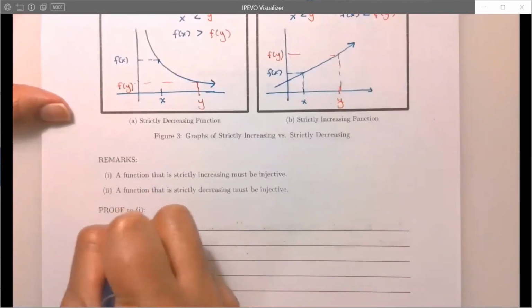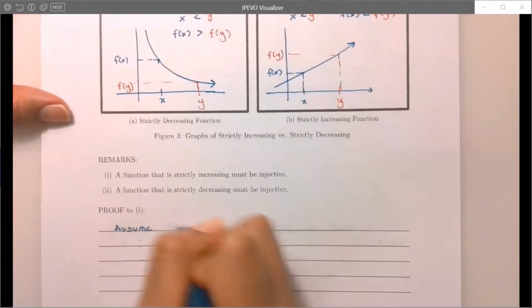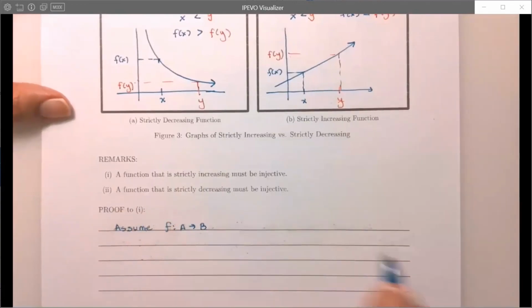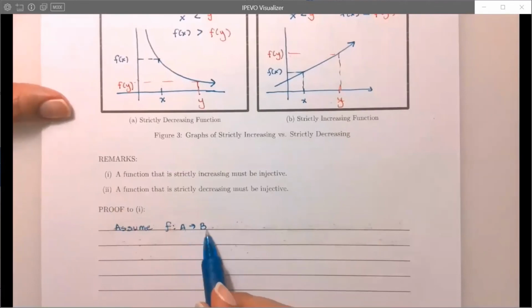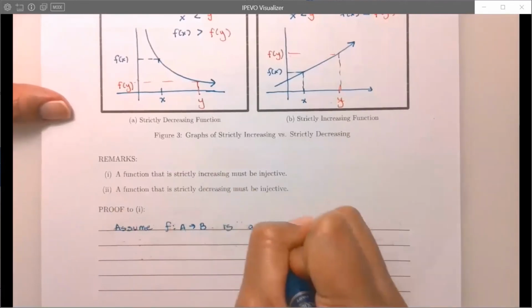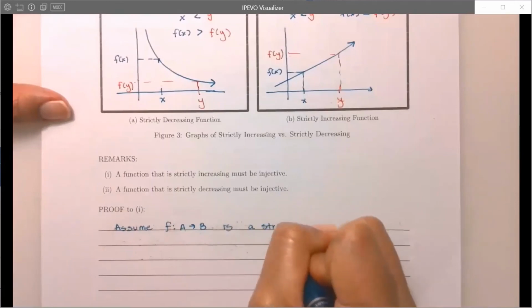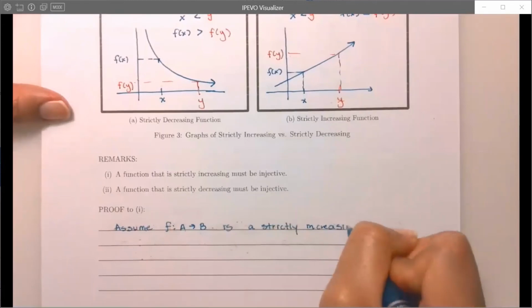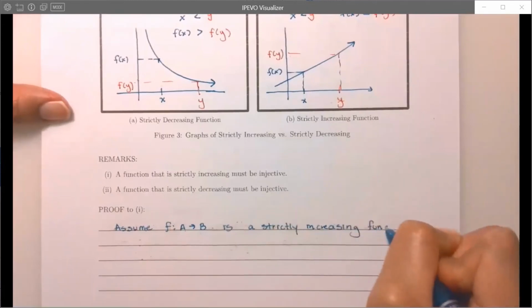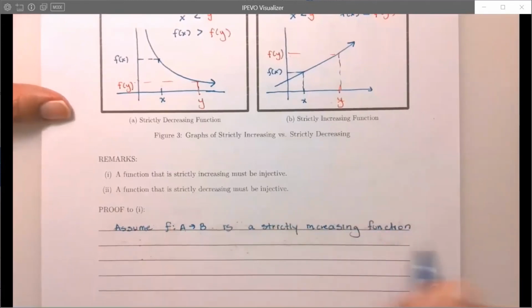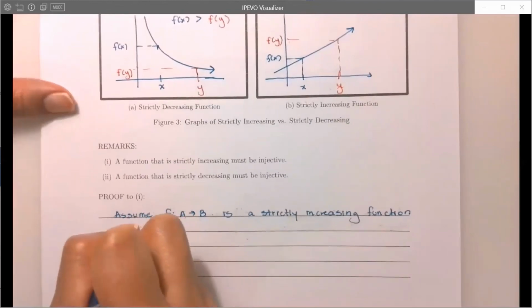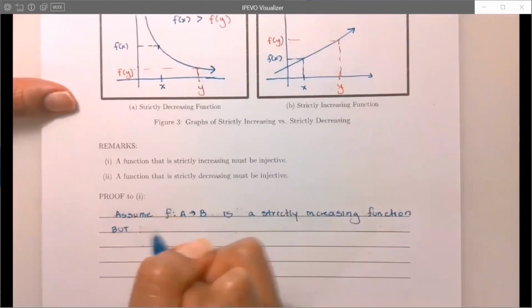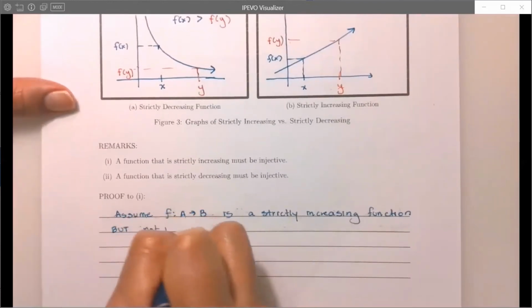We're going to start by assuming that f from A to B, where the domain is A and the codomain is B, is a strictly increasing function, but it is not injective.